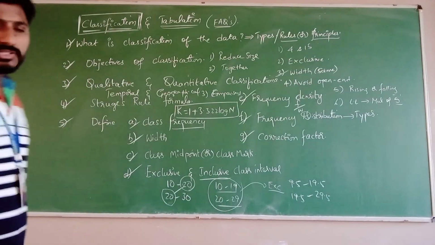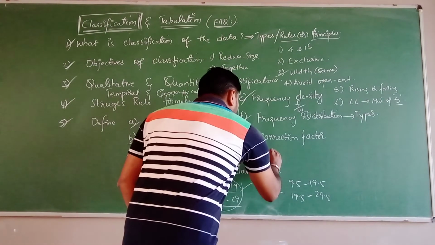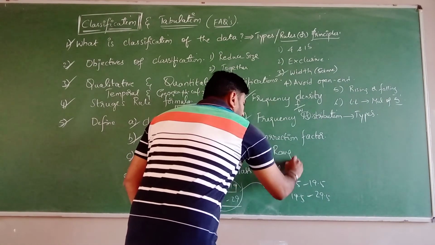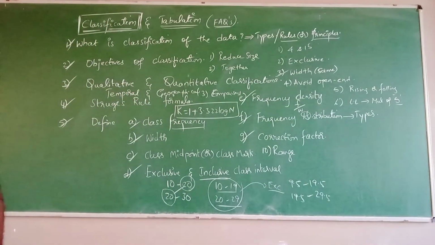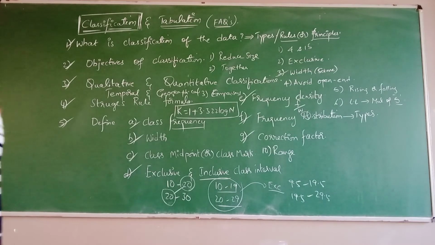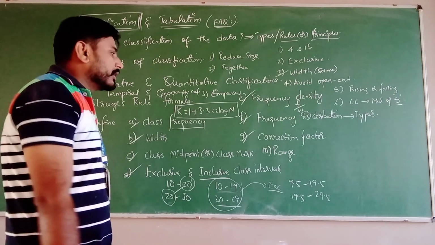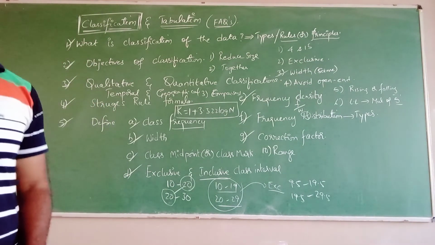What do you mean by range? There is one more. Range is the difference between the highest and the lowest. That itself is a range. So these are all the basic definitions.